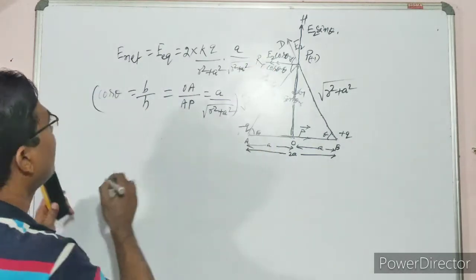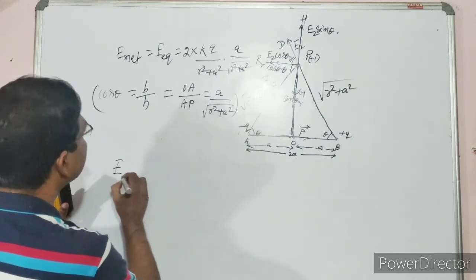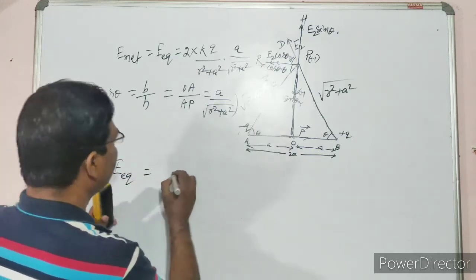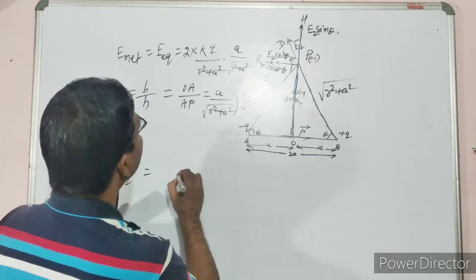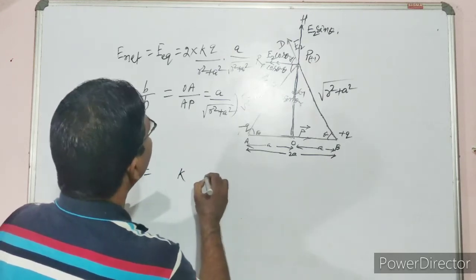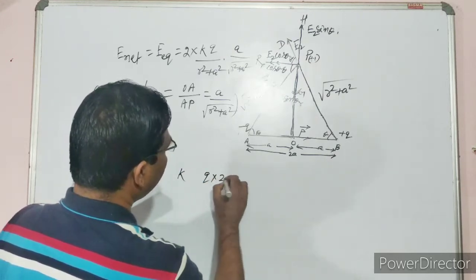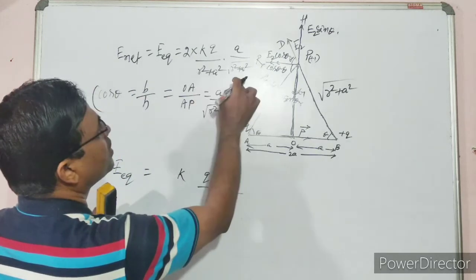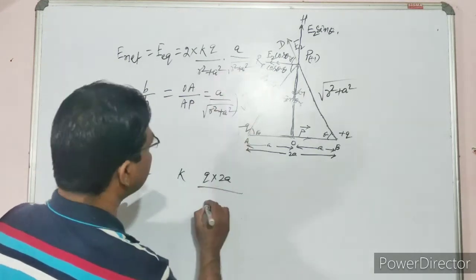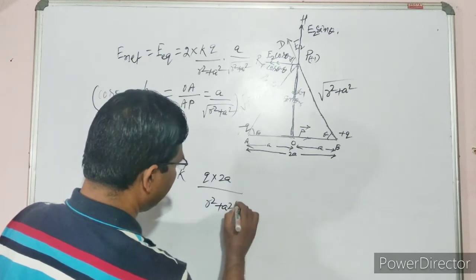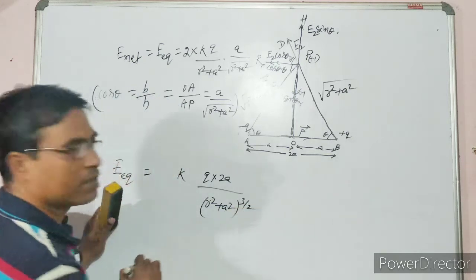Any problem? Now you can write E equatorial equals 2 K Q into 2A. The base is the same, so the power is 1 plus half, which is R square plus A square to the power 3 by 2. Can you write or not?